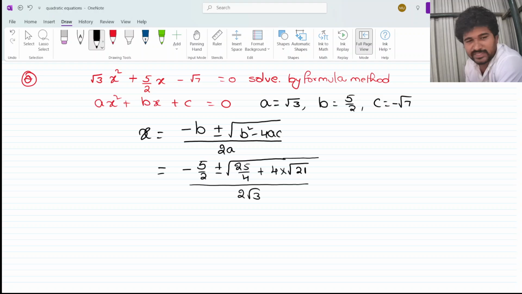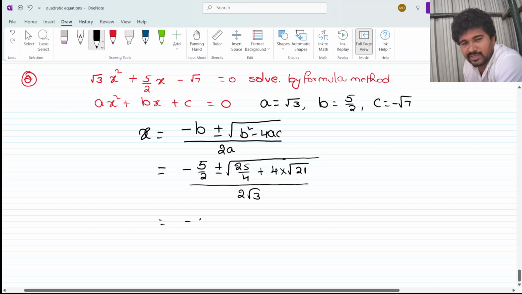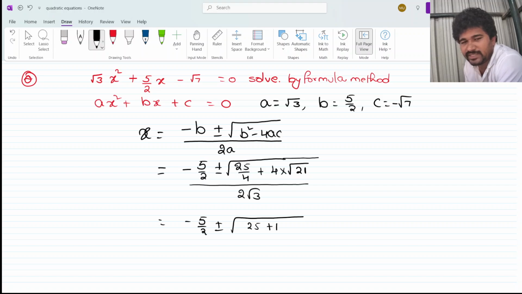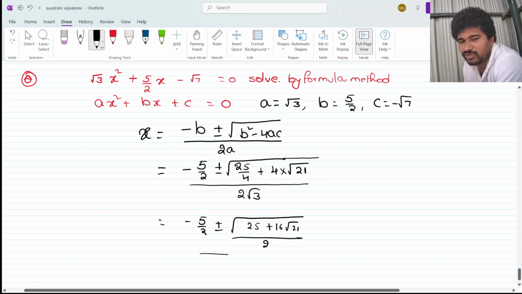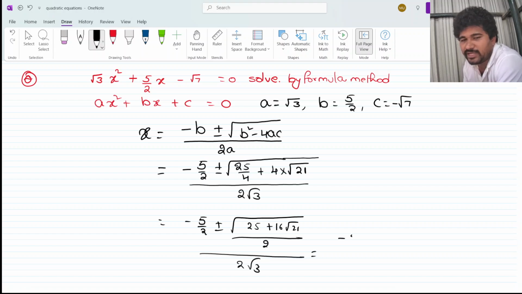Which is equal to minus 5 by 2 plus or minus root of 25 plus 16 root 21, whole divided by 4. When it comes out of the root, it will become 2 only. Now observe this 2, take it common, and write it as minus 5 plus or minus root of 25 plus 16 root 21, whole divided by 4 root 3.